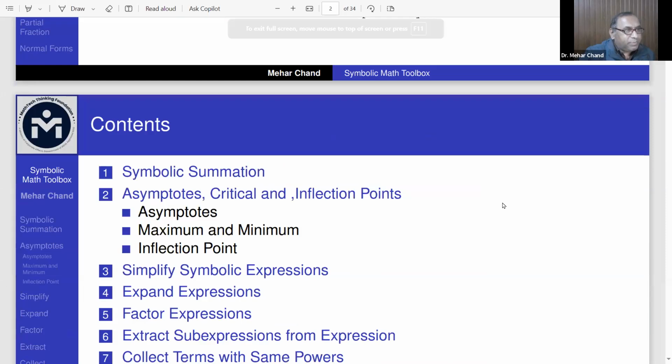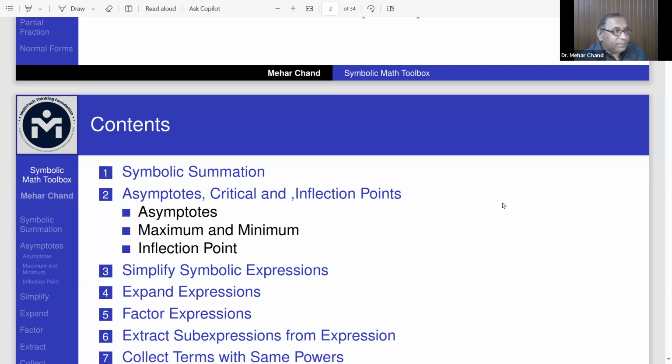I hope in today's session, there are 3 slides which I want to discuss with you. These slides include symbolic summation, asymptote, critical and inflection points, which will also include maximum and minimum and the value of the function, and how you can plot in MATLAB.